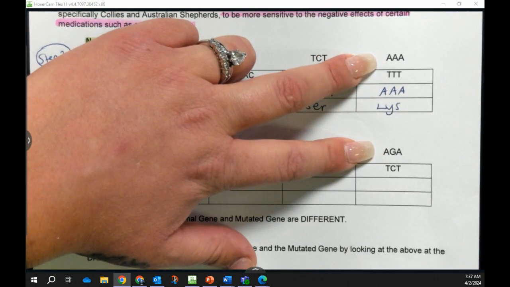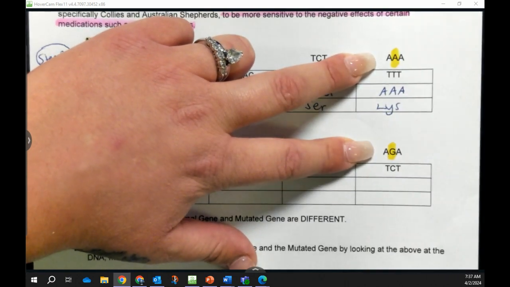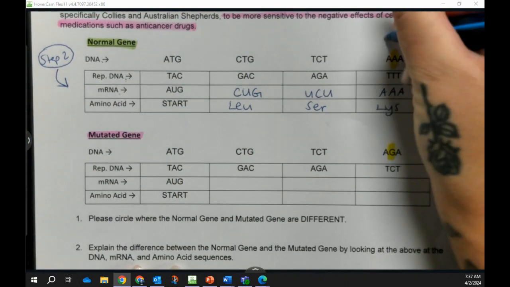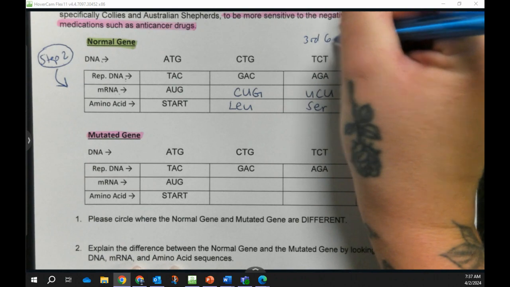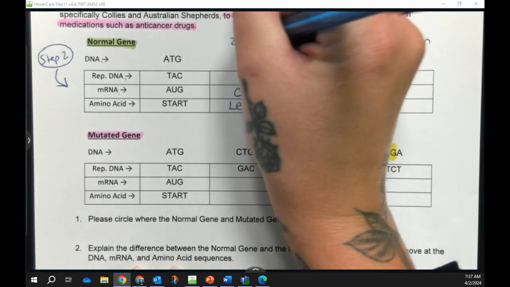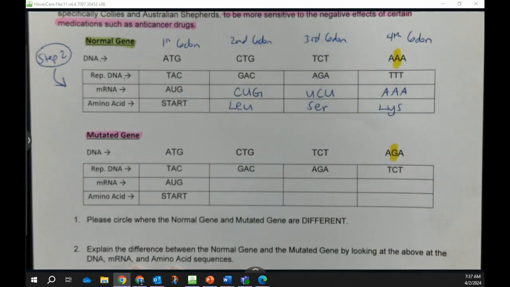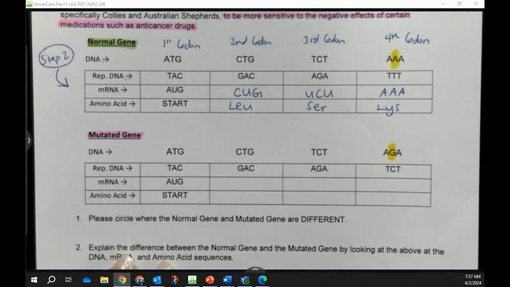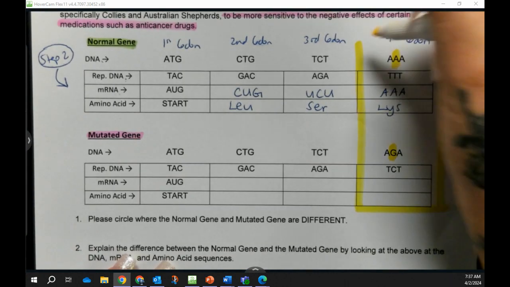Fourth codon, I can now see that the A turns into a G. So this is my third codon, my second codon, and my first codon, and I can see in the fourth codon there is a mutation.